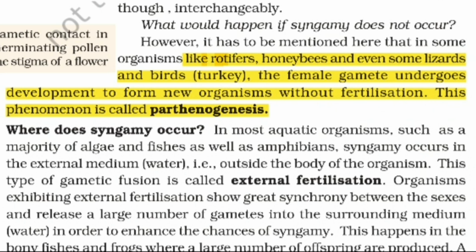Nature has made such suitability on the earth. If fertilization is not possible, then only the female cell can be active and produce new organisms. Examples are rotifers, honeybees, lizards, and a few kinds of birds.